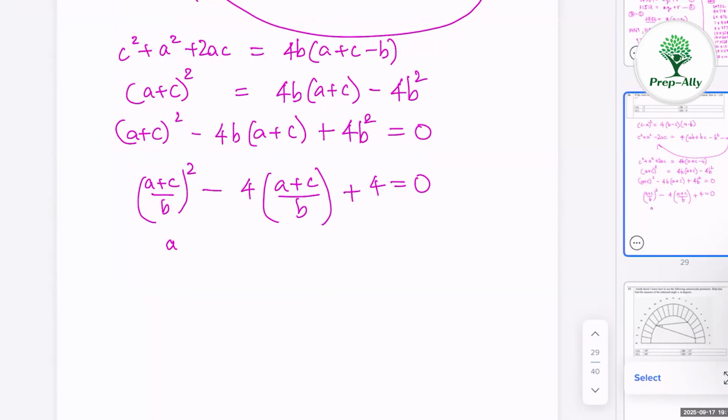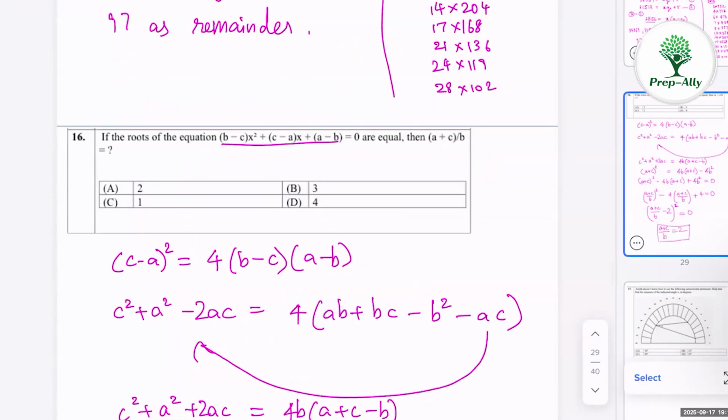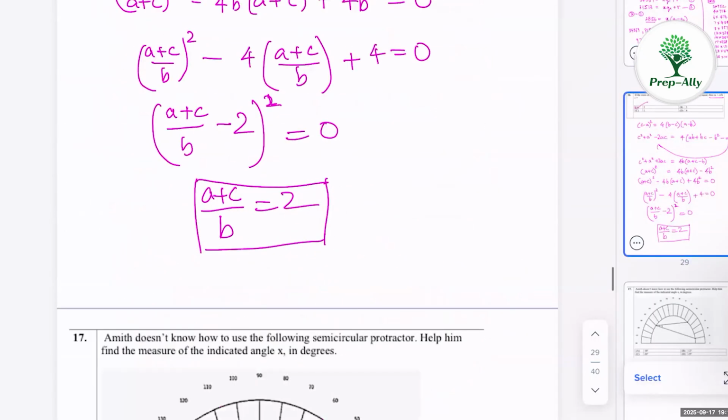This is a quadratic in (a + c)/b, which factors out to ((a + c)/b − 2)² = 0. So (a + c)/b equals 2. We've been asked the value of (a + c)/b, which is option A, 2.